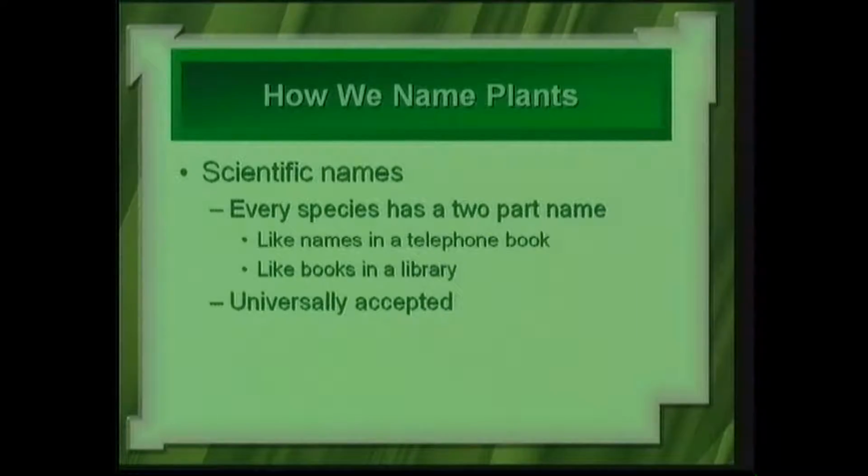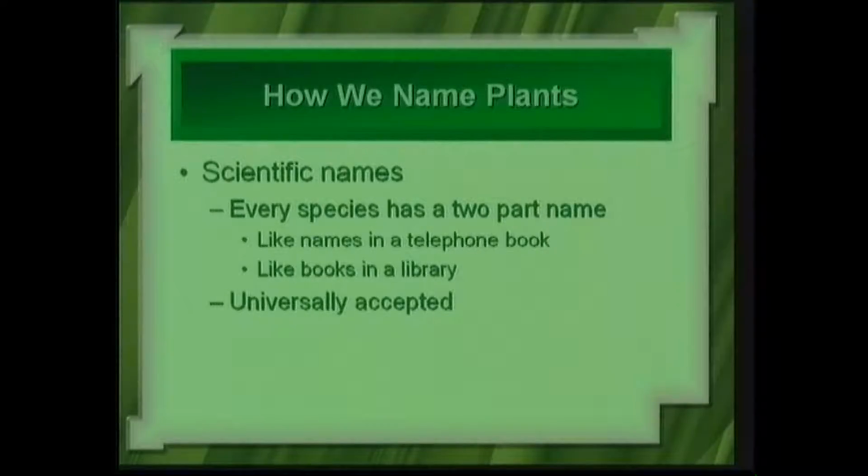Now another thing that is good about using scientific names. I know that it's difficult. When people are first exposed to scientific names, they're like, oh my gosh, am I going to have to remember the scientific names? Well, I think that it's important because it's the so-called correct way to do it. Scientific names are universally accepted. If you use Murraya paniculata, every person in the world would be able to look it up and find out that this Murraya paniculata is what we call mock orange in Hawaii.